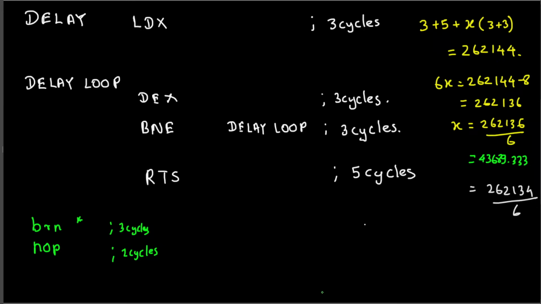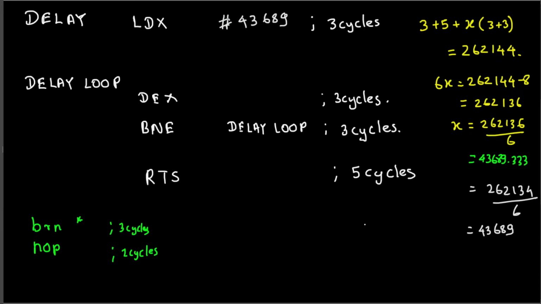262,134 divided by 6. That's giving me a whole number, that is 43,689. So that's good. I can just put that number right here, 43,689, and also we have to put a number sign, because if we don't put this, it's going to point to the address, and that's going to be a different story.